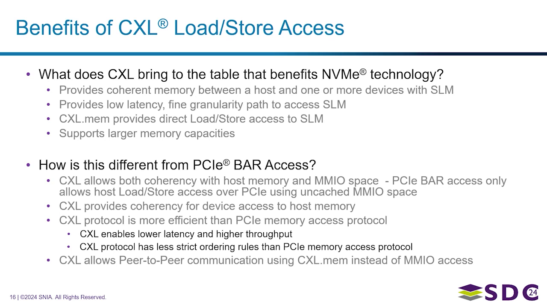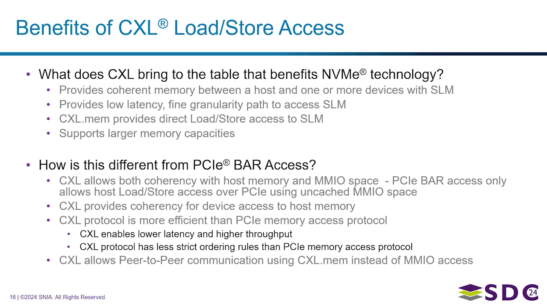All right, so how is this different from the PCIe BAR access? I think this is along the lines of the questions that were asked earlier. CXL allows both coherency with host memory and MMIO space, while the PCIe BAR access only allows load store access over PCIe using uncached MMIO space. So I think the key summary there is coherency.